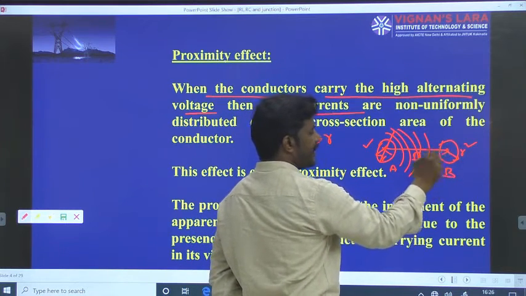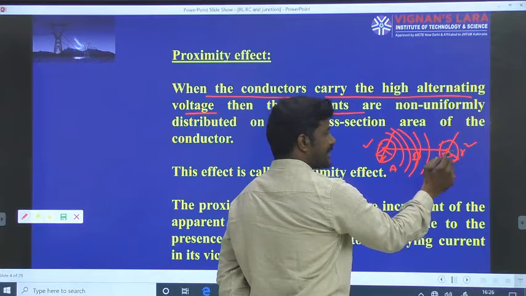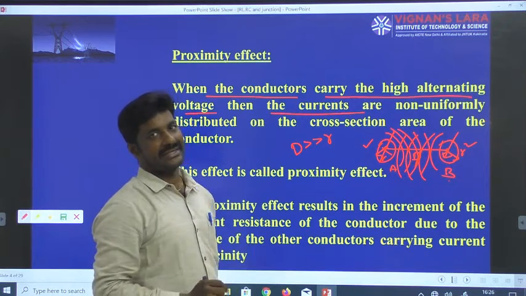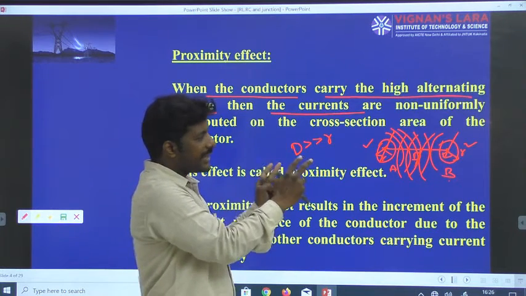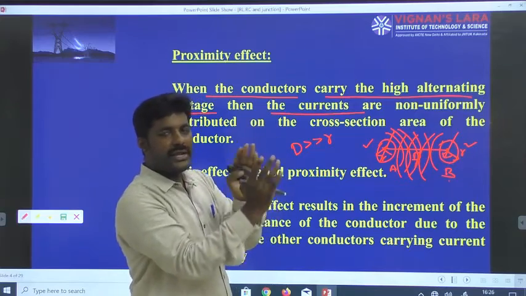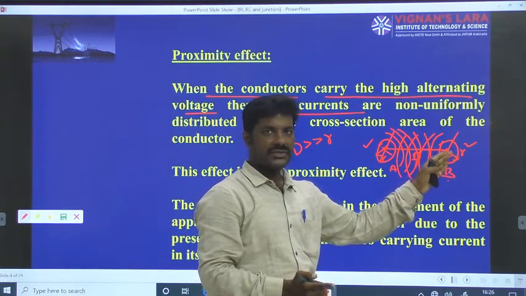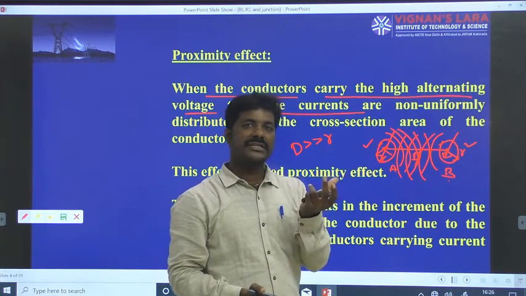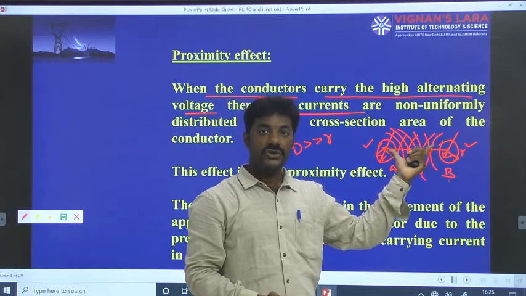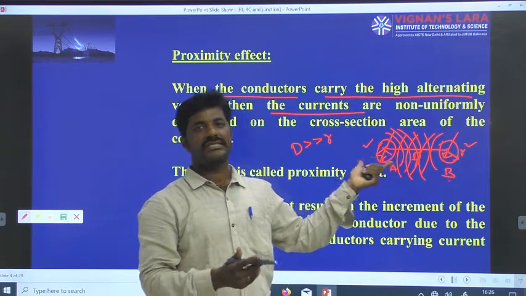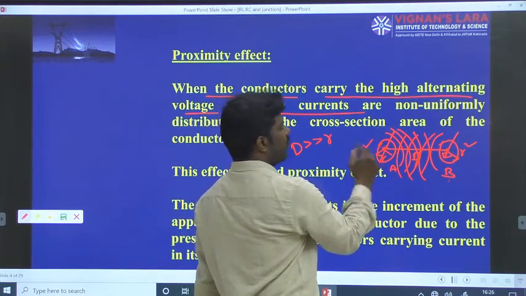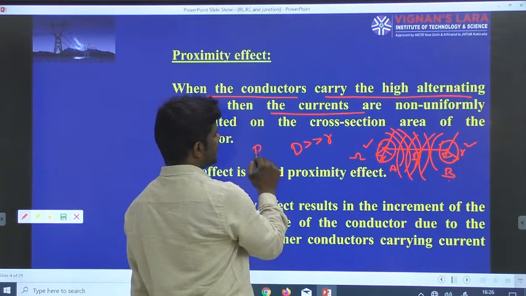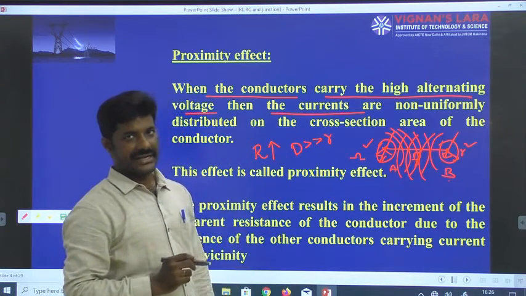Similarly, the flux produced by B is going to link with its adjacent conductor. So the net flux linkages increase, whereby the inductance also increases. We call this flux linkage mutual flux linkage. Because of this mutual flux linkage, the ohmic value of the conductor changes. As a result, the total resistance of that conductor increases.